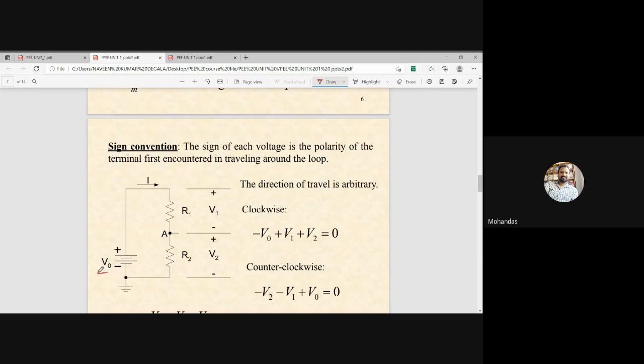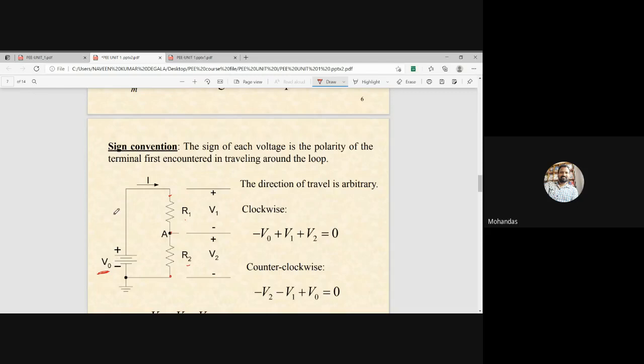Let us say this is voltage source V0. Resistor R1 is connected here and resistor R2 is connected here. Now, how many branch elements are in the circuit? One voltage source is one branch, R1 is another branch, and R2 is another branch. Finally, there are 3 branch elements.